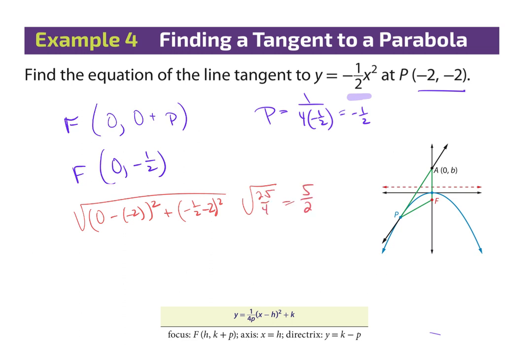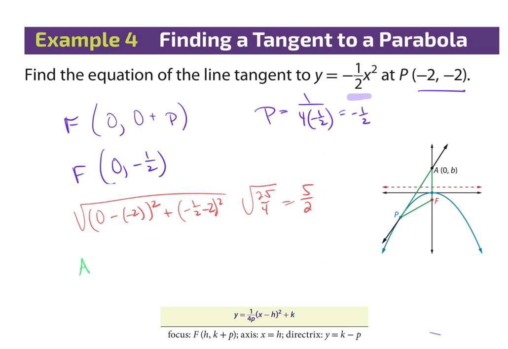So what's nice about this is I already know the x value of my point up here, right? And if it were going this direction, I would already know the y value because it's going to be on that line. So my x value of this point where this crosses here is going to be the same x value as my focus.